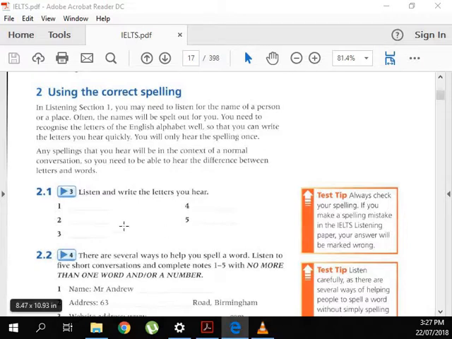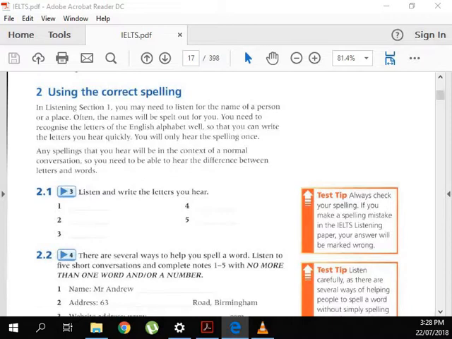Okay, so what are the letters that you heard over here? Number 1, do you recall? F, yeah. And number 2, double L. Number 3, M. 3 was M. And 4, T or C. Exactly.